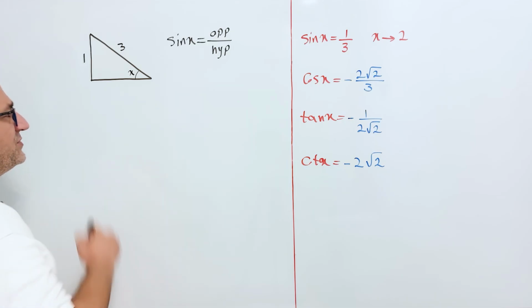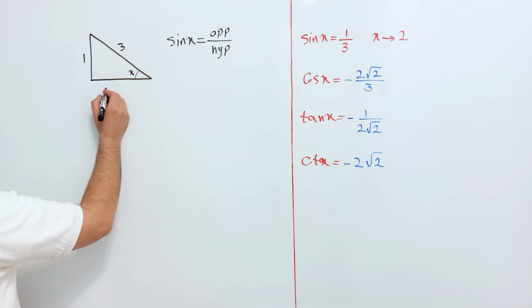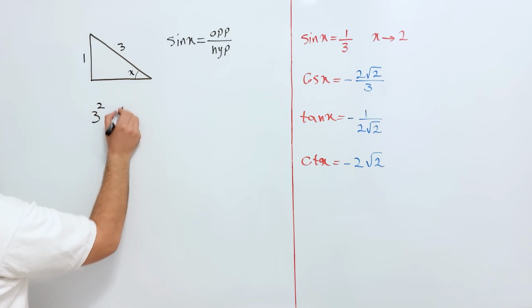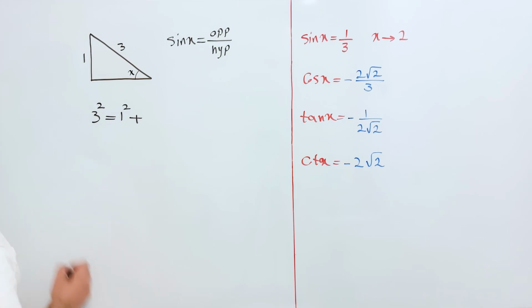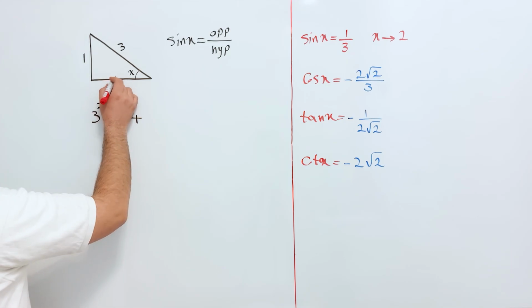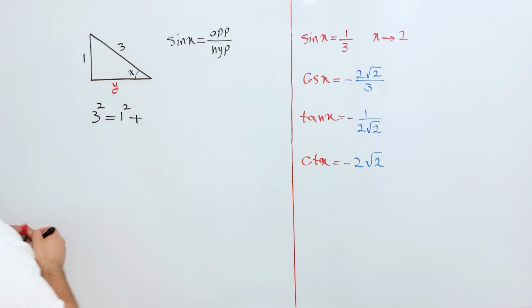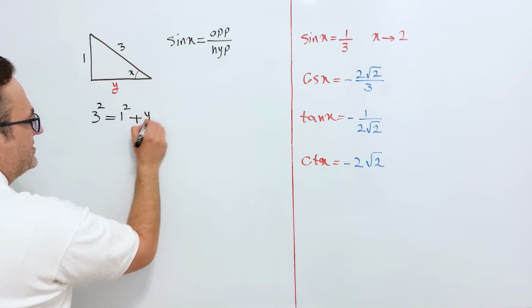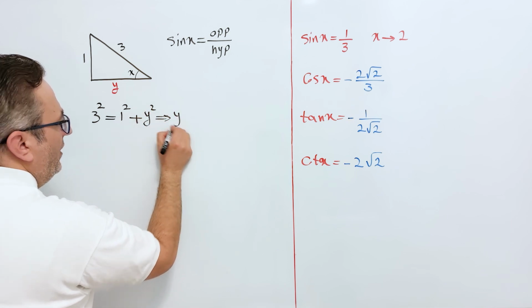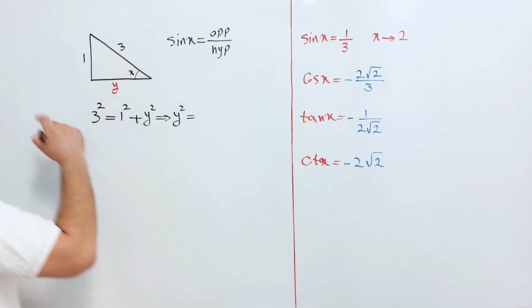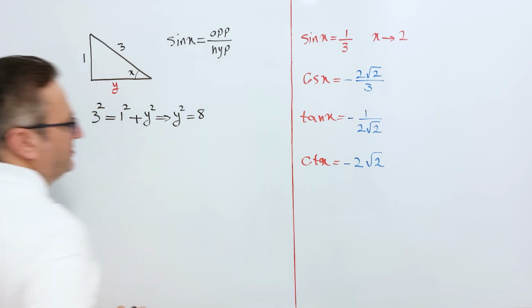And according to the Pythagorean theorem, we have 3 squared is equal to 1 squared plus, if we call this side y, y squared. So y squared is equal to 9 minus 1, which is 8.